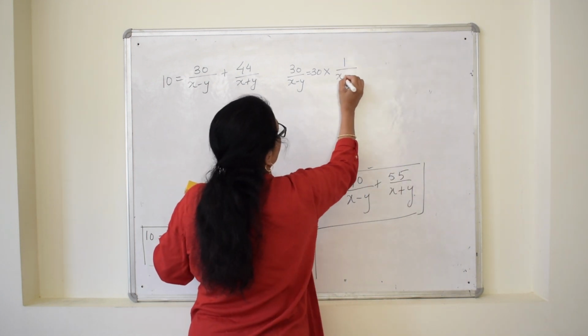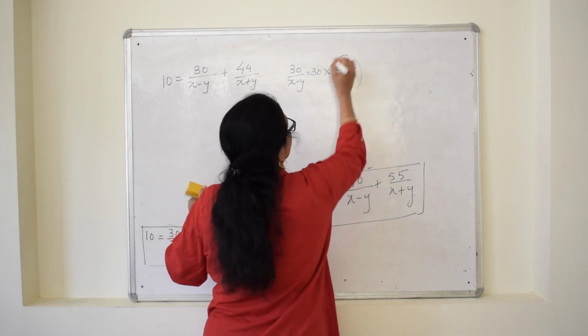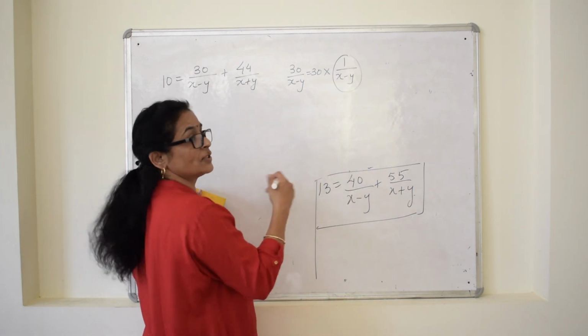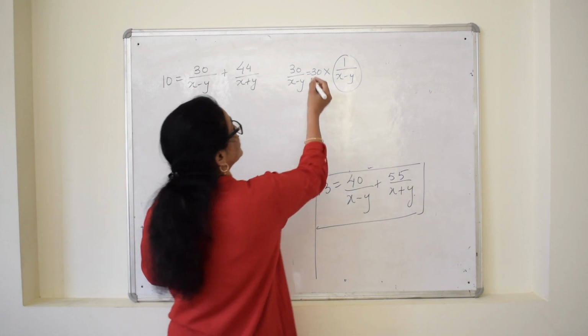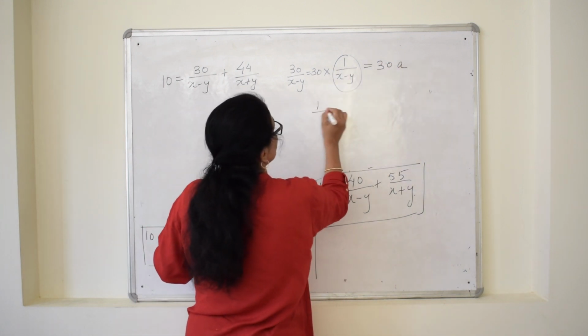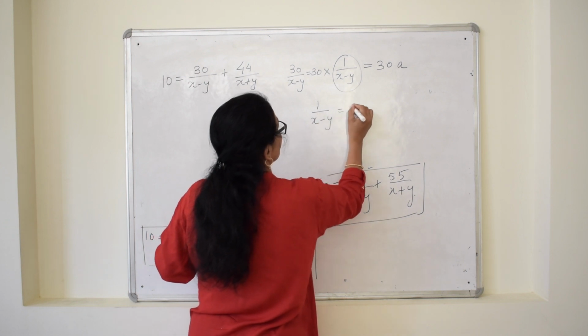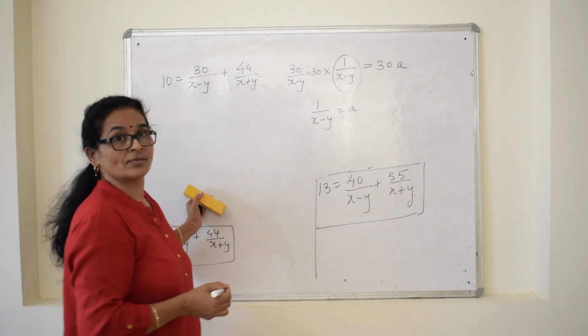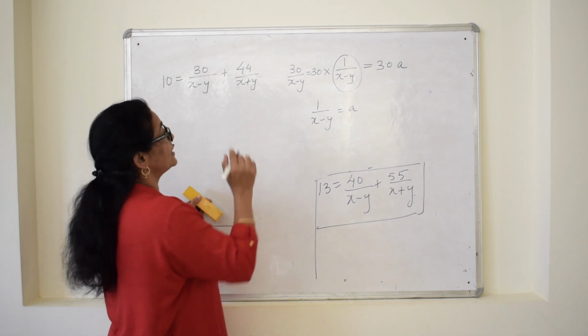So this is our assumption. This we can assume as some other variable. So this will be 30a on assuming this 1 upon x minus y as a.